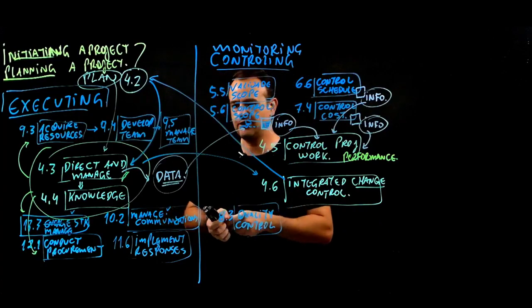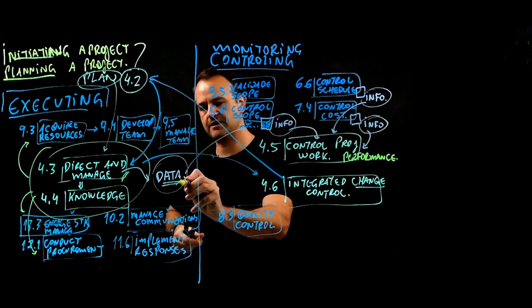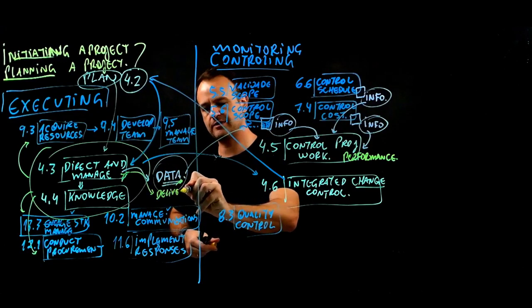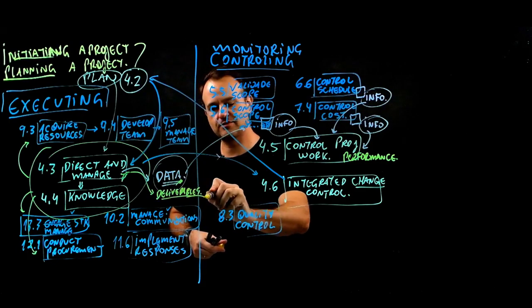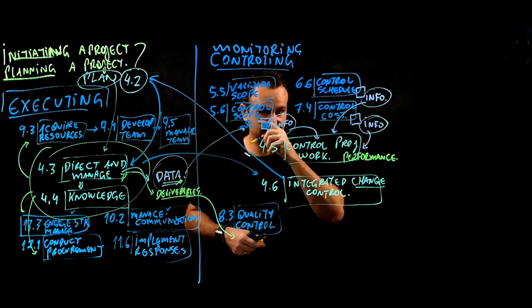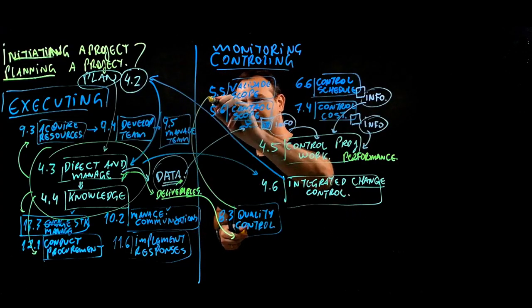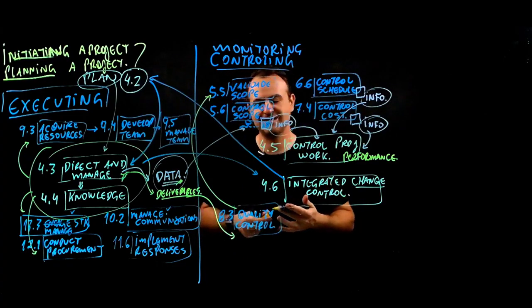When we execute the project, here we have data, as I mentioned to you, and we have deliverables as end result. We're building things. These deliverables will go into the quality control, and if they are approved in quality control, then we get acceptance from our customers, okay?